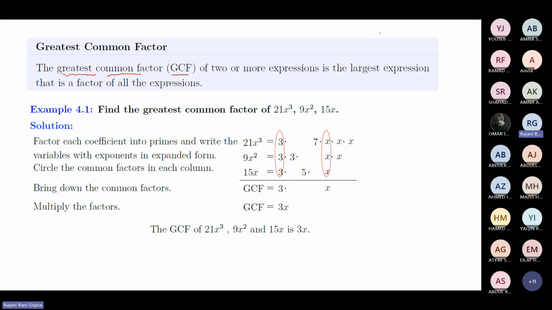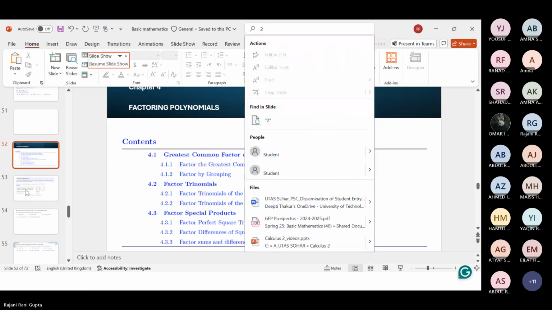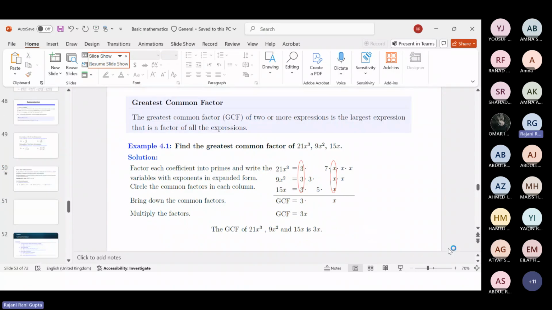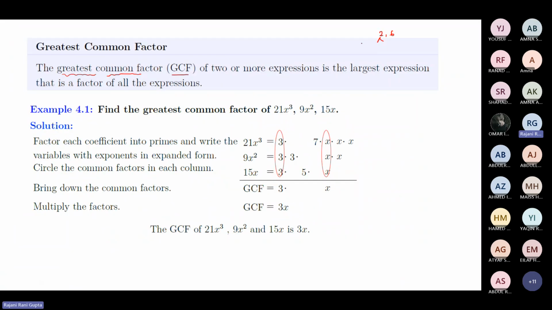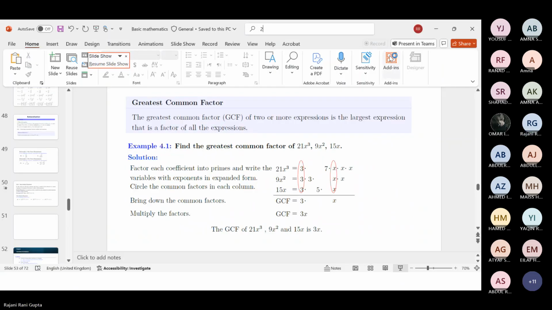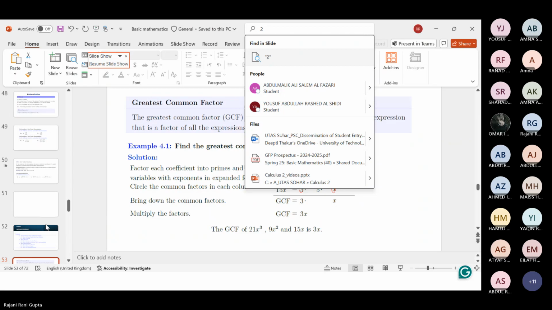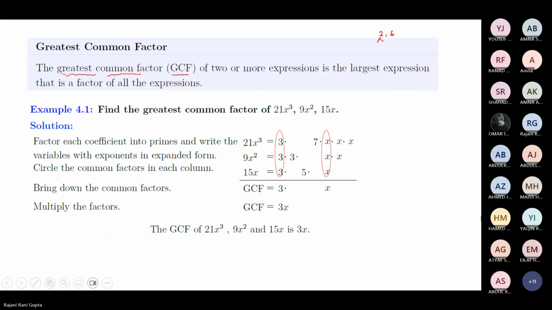For instance, I gave you the numbers 2 and 6, and we have to find the greatest common factor. 2 you can write as 2 times 1. 6 you can write as 2 times 3.